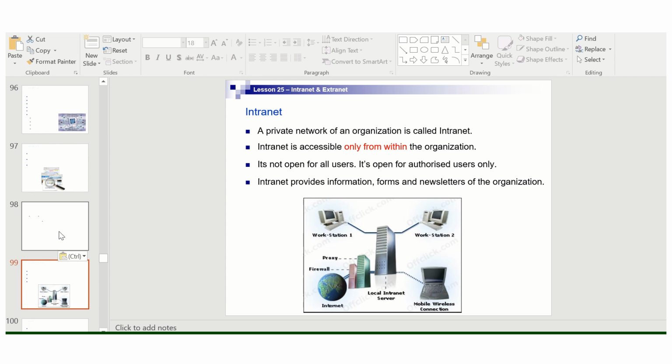So it's only accessible to you and your colleagues, the organization's people only, right? It's not open for anyone, but you have your login and password. So if I visit you at work, even if I look like I'm connected, I'm not really in your intranet. It's specific, it's private. Let's call it private, accessible from within the organization, right?